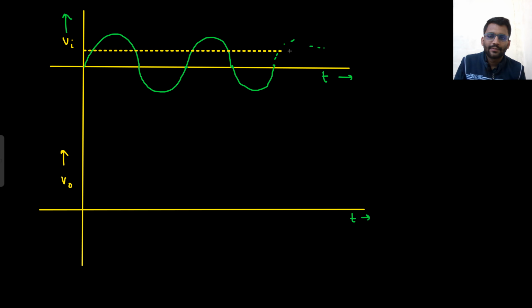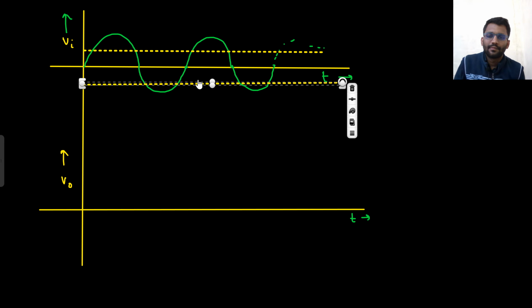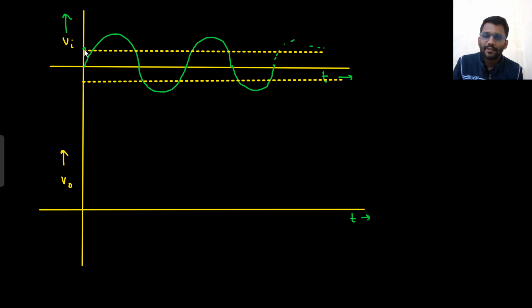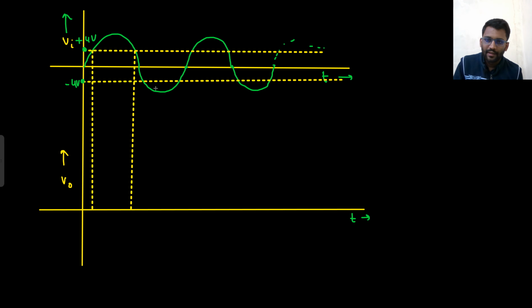That are plus 4 and minus 4, right? Plus 4 and minus 4. So for every value above plus 4, output is plus 4 only, and for every value below minus 4, output is minus 4 only, right? And in between it will follow the input.